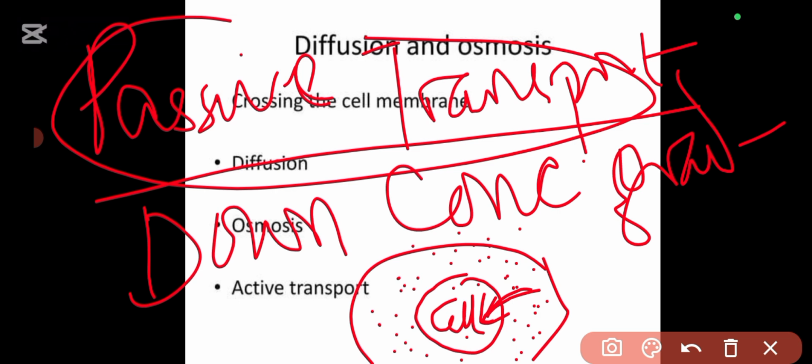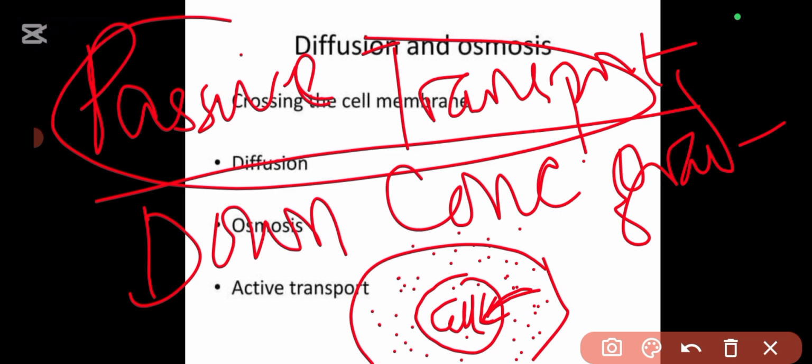Why? Because the aroma of the food came from the cooler, from within that small place where it is highly concentrated, and moved out to the broad class where it is of low concentration.